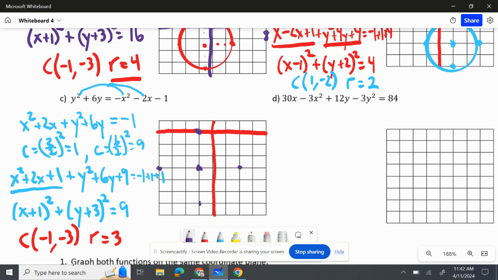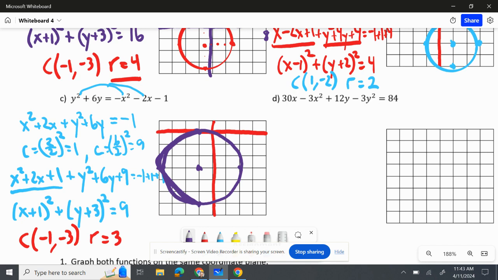And I don't have to go by 2s or 3s. I just have to adjust the axis. So you could do this. Ooh, that circle's not as good as I was hoping. So you could do this or what we did in letter A, going by 2s, but to the best of your ability, draw the circle as best you can.